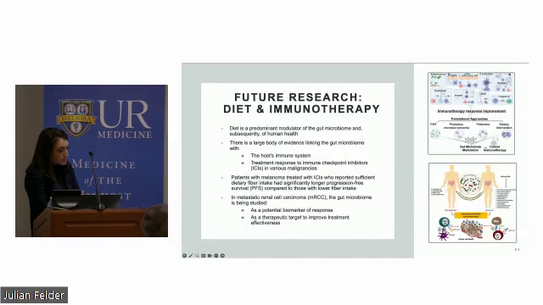And the last thing I want to talk about is some of the other future research that's been going on with immunotherapy treatment. Our diet has a huge impact on our overall health. They've done studies in melanoma, which, similar to kidney cancer, also has a very robust tumor microenvironment, meaning there's a lot of inflammatory cells that help to stimulate your immune system.